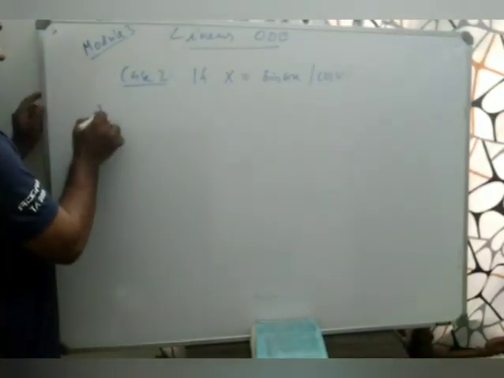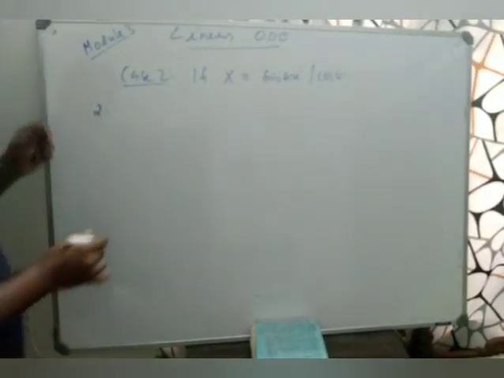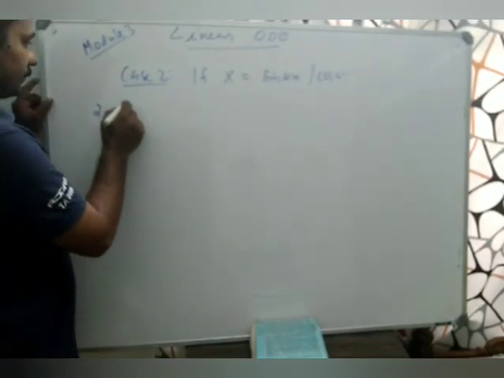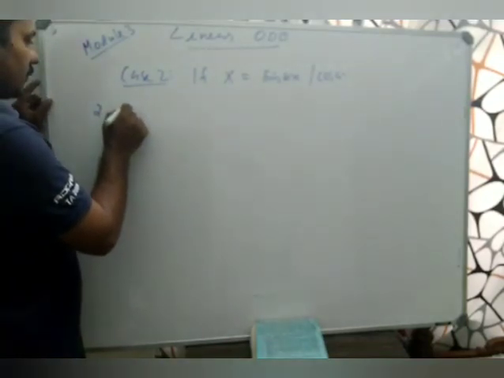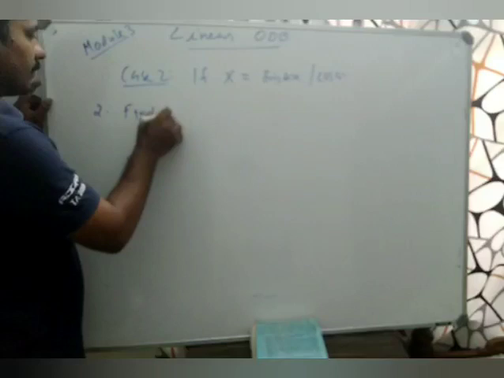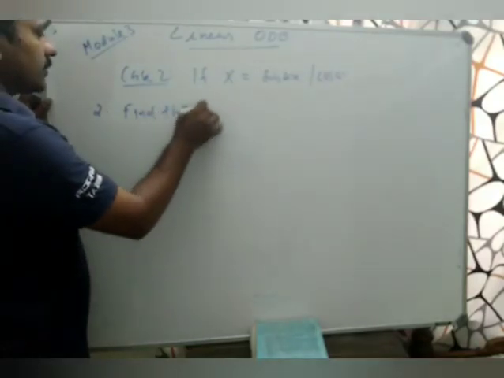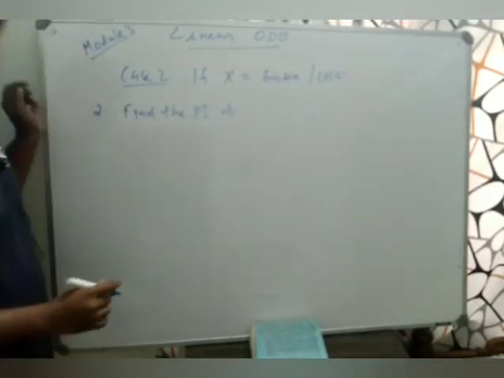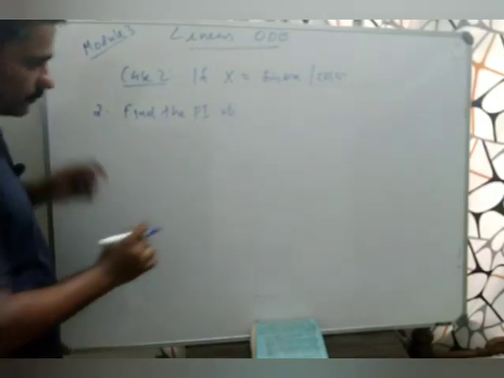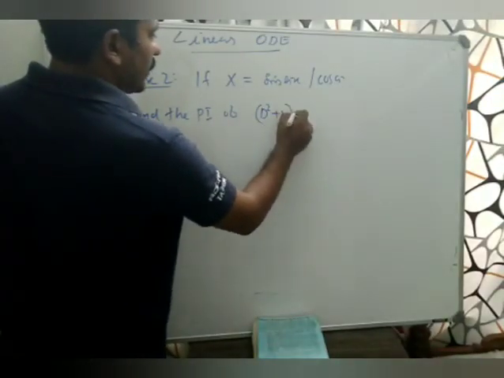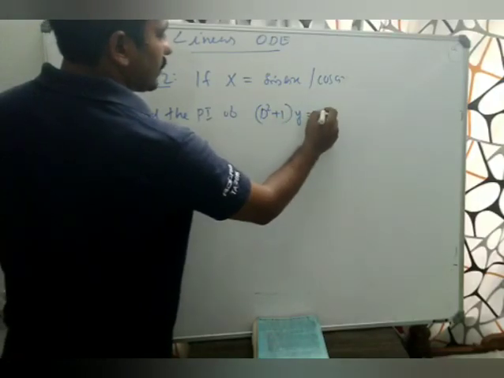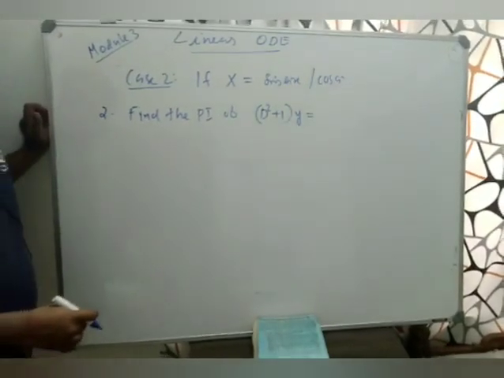Second question. Find the particular integral of (D square plus 1) y is equal to cos x.